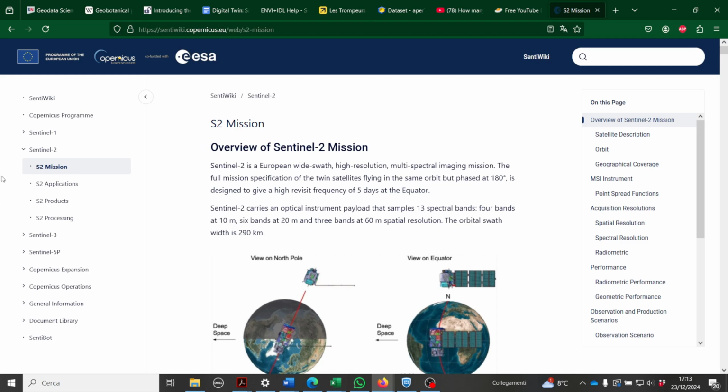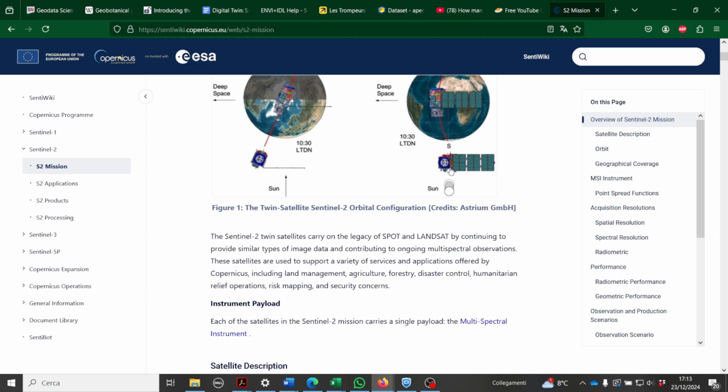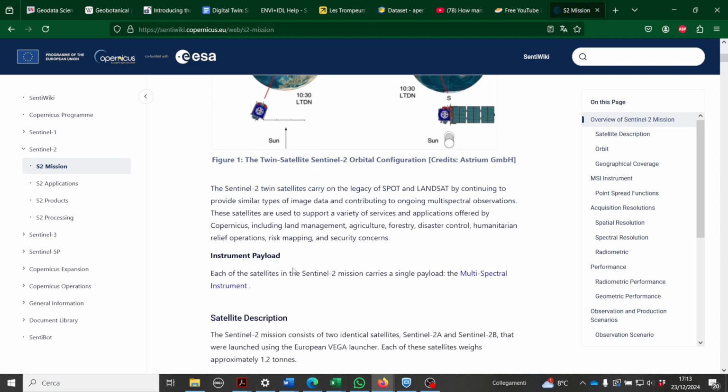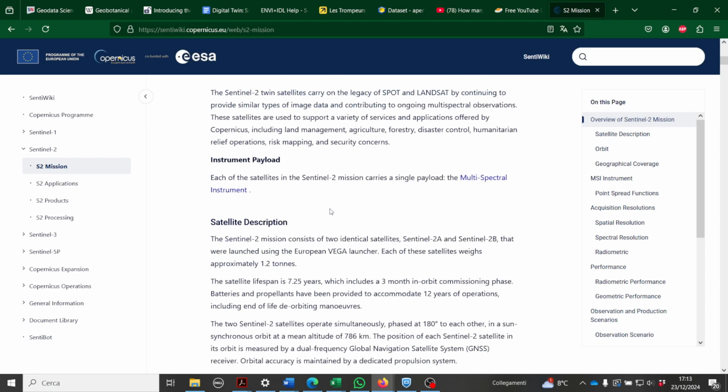So, starting with the overview of the Sentinel mission, we know that Sentinel-2 is formed by a couple of different satellites, and on board of these satellites as payloads we have an instrument that is called MSI, which stands for multispectral instrument.